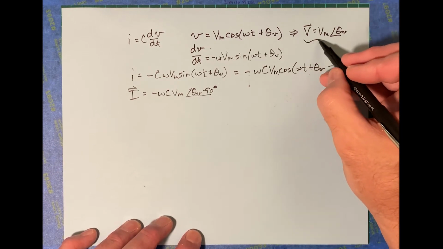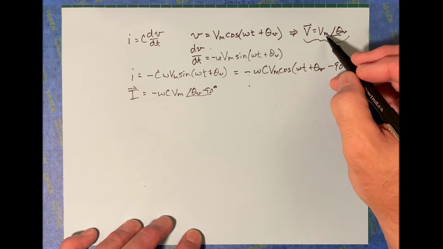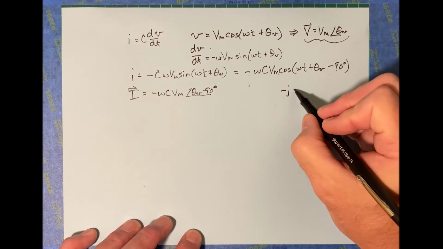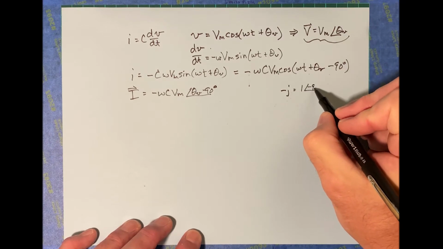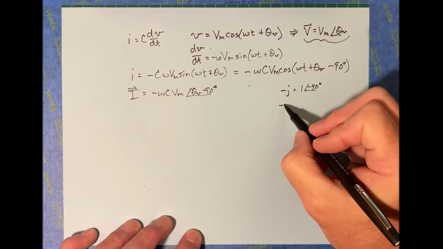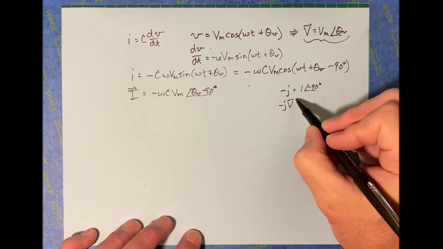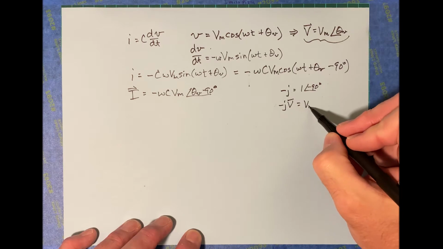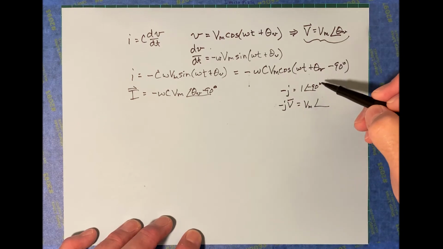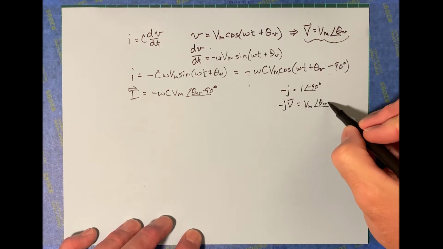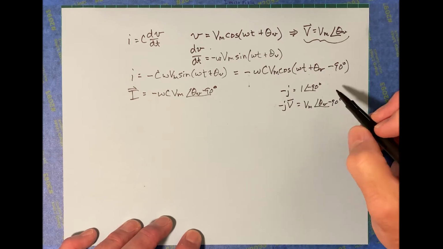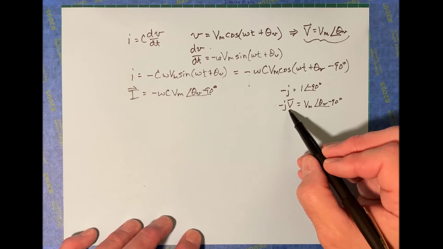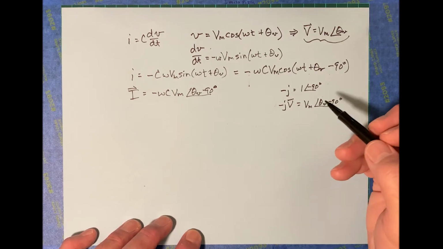Now, if I do something similar to what I did a while ago, if you remember, I have phasor v up here. If I multiply that times minus j, which is 1 angle negative 90 degrees, then minus j times phasor v is just going to equal v sub m times angle theta v minus 90 degrees.